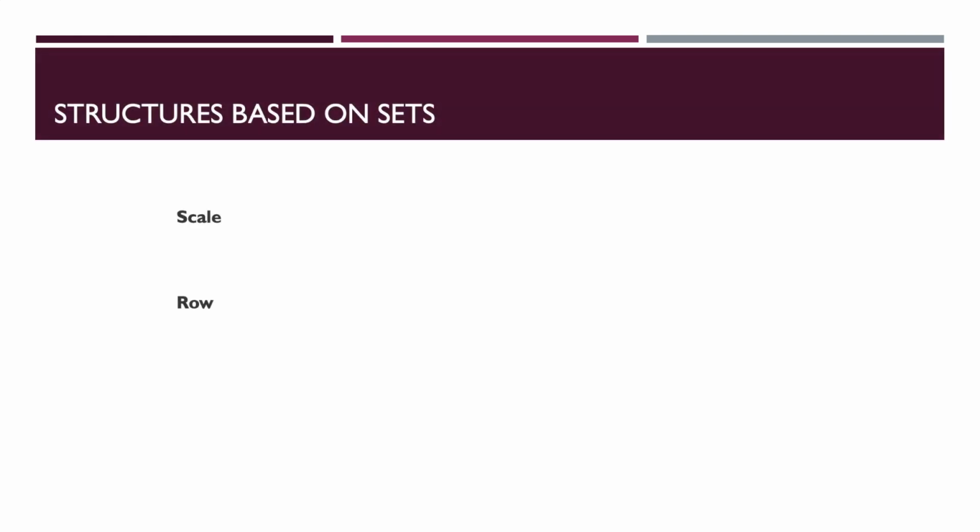Scale, row, and set. Those terms are used sometimes interchangeably in place of each other, which is actually a mistake, because each of these terms describes a particular usage of pitch collections. So the first one is scale.